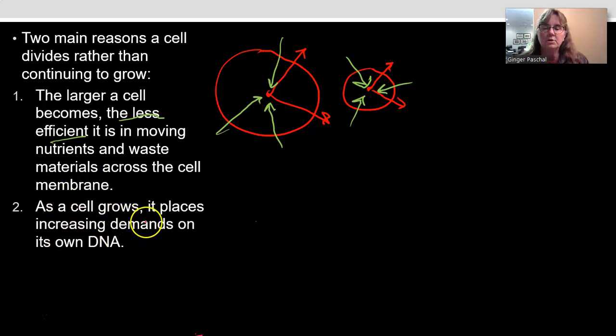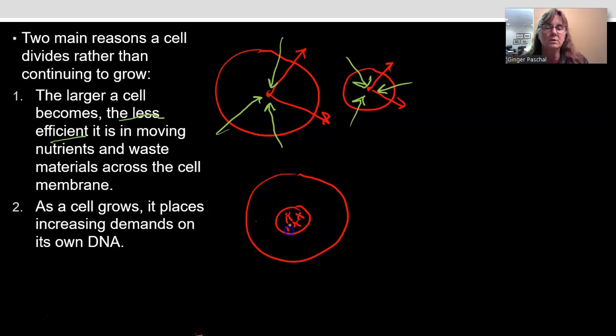As the cell gets larger, the demands on the DNA also increase. Imagine a large cell with your nucleus and your chromosomes inside it.